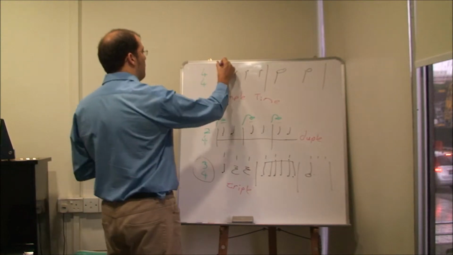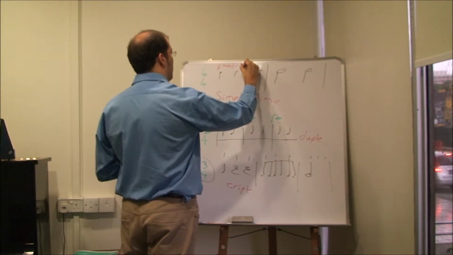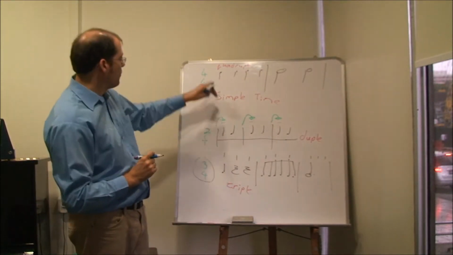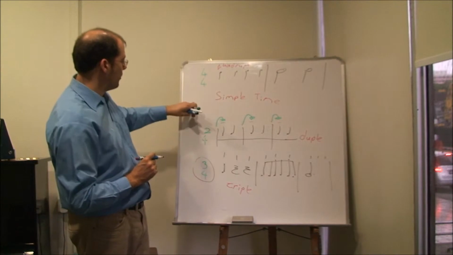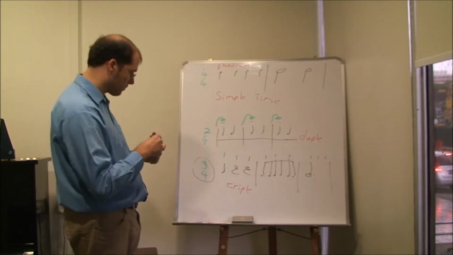And 4 is called quadruple. So duple time, triple time, quadruple. And each one is simple. So simple quadruple, simple duple, simple triple.